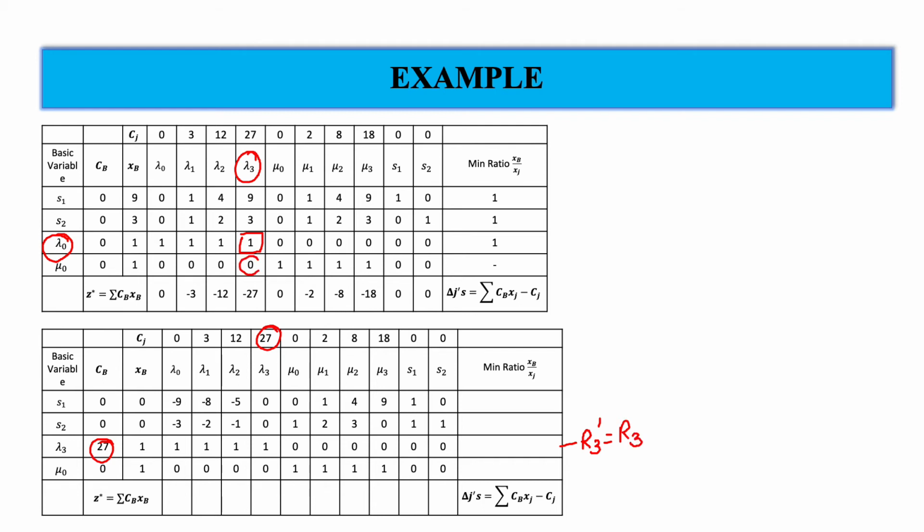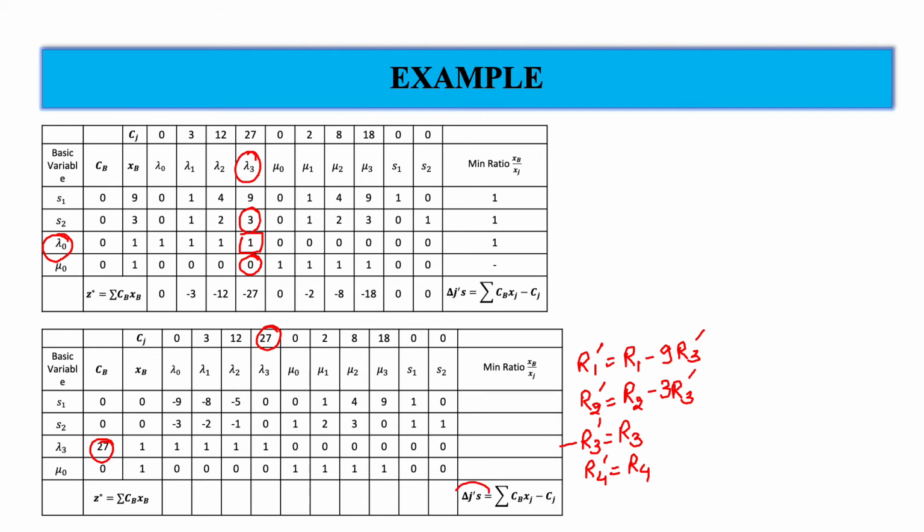The pivot column element here is 0, so we don't have to change that, and it will also remain the same. Now over here it's 3, so new R2 will be old R2 minus 3 into new pivot row R3, and similarly for R1 we apply old R1 minus 9 into R3 dash. You apply those on each of the elements, and you will get these values.